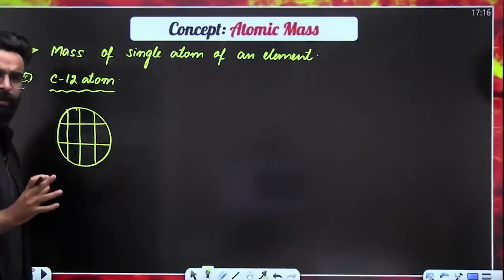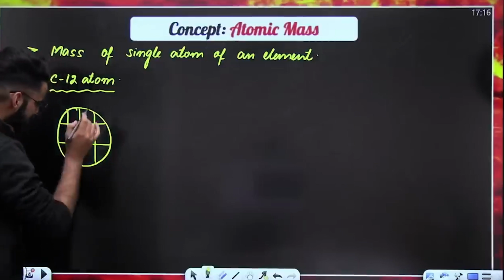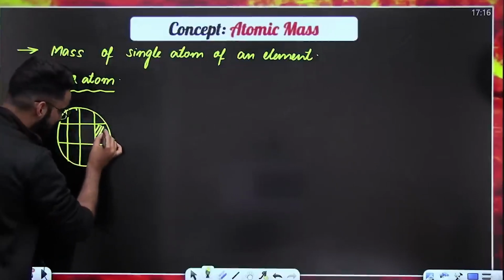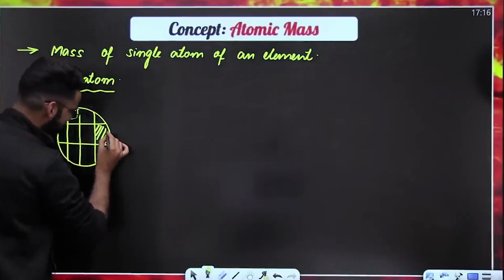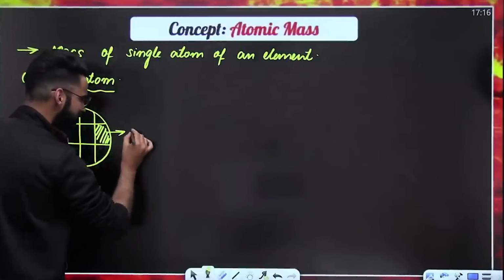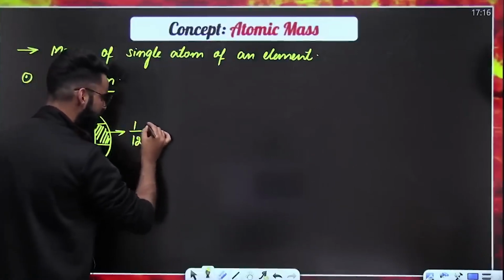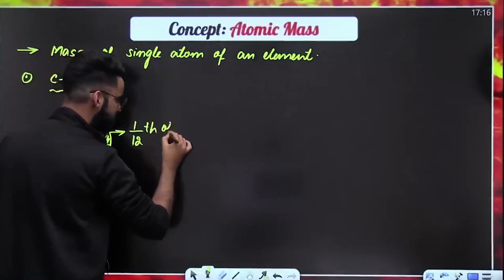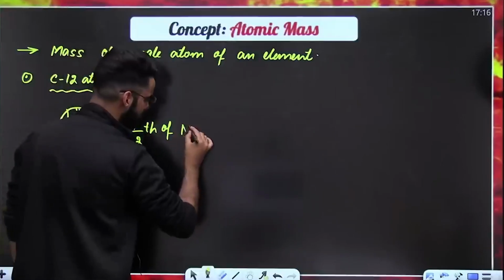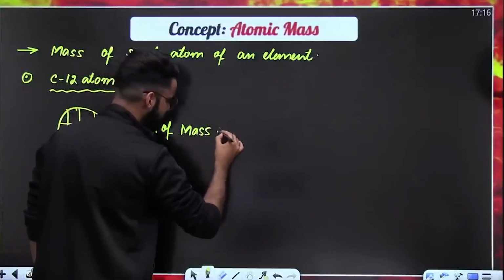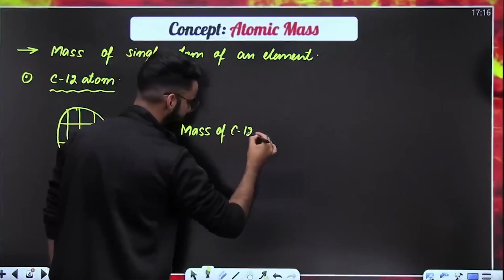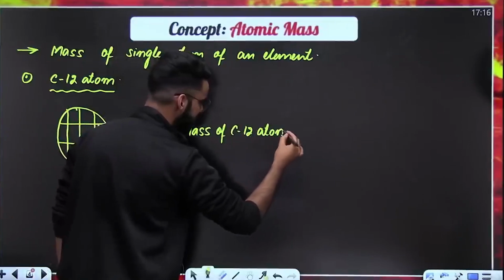I divided the carbon 12 atom into 12 equal parts. Now if I take one part over here, this shaded part, can I say its mass is going to be 1/12 of the mass of the whole carbon 12 atom? Right? Can I say something like this?